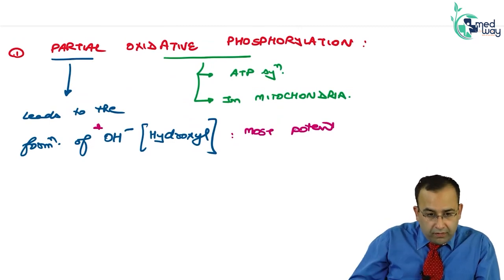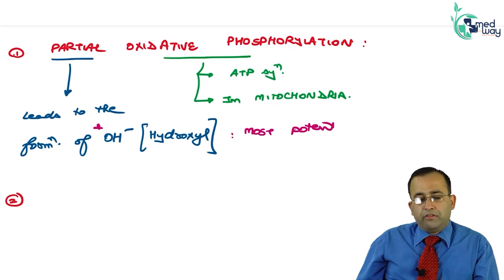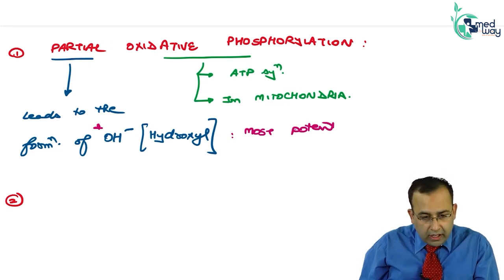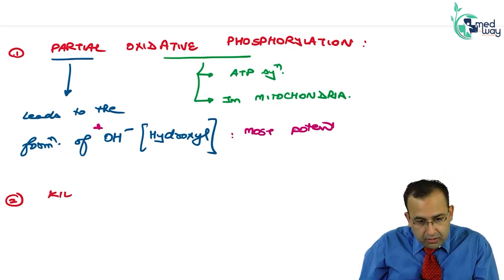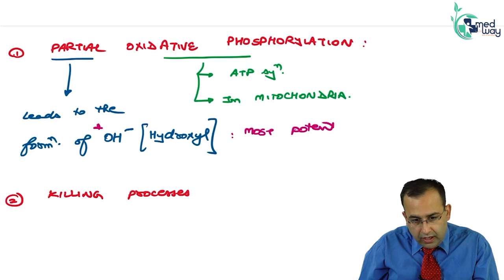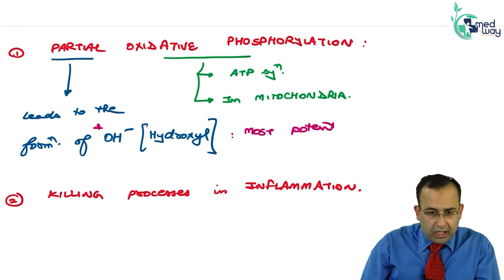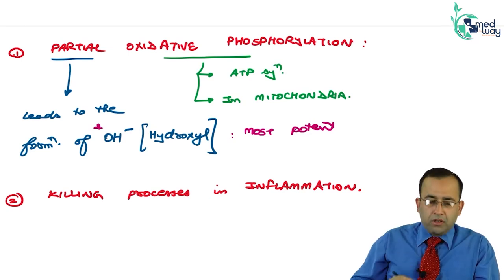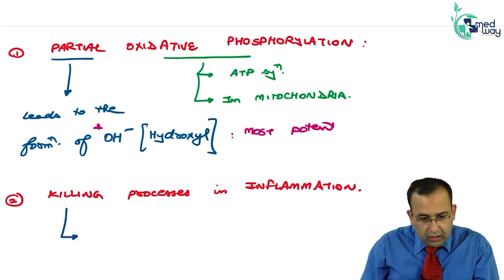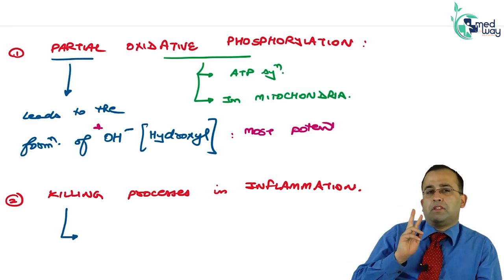The next method of generation of free radicals is by the killing processes in inflammation. We will be doing this in detail when we study inflammation, but right now, just for completion's sake, killing occurs by two main pathways.